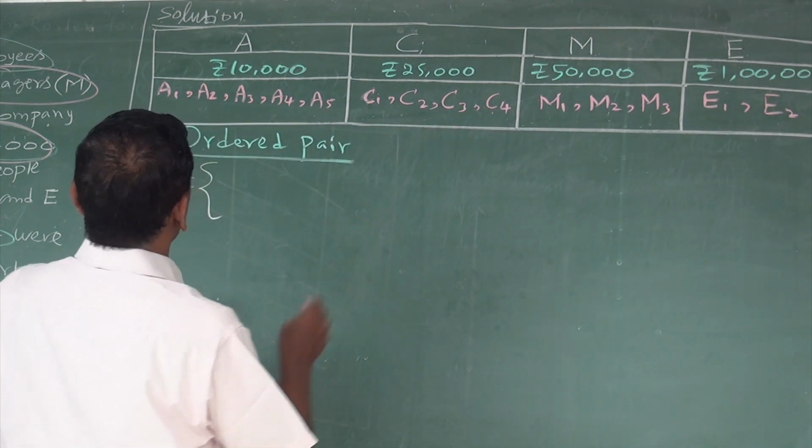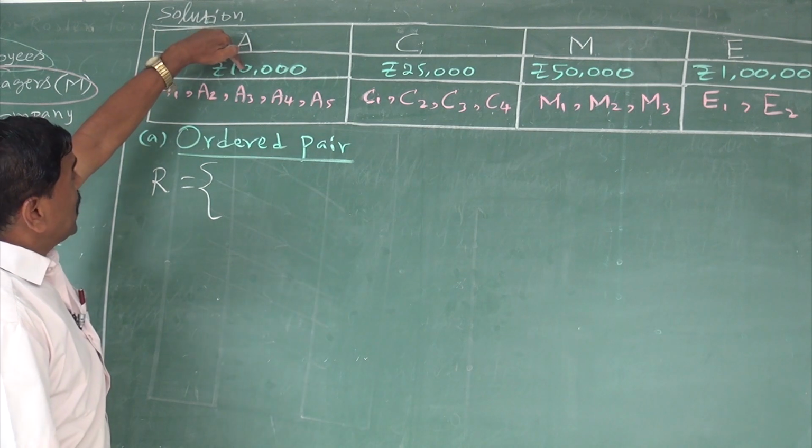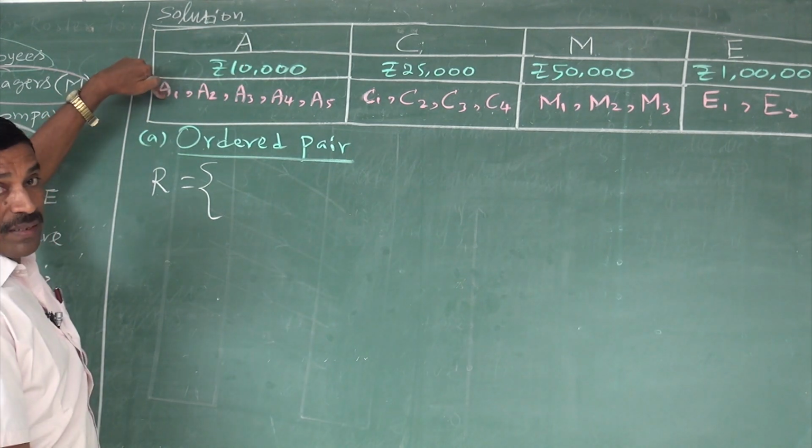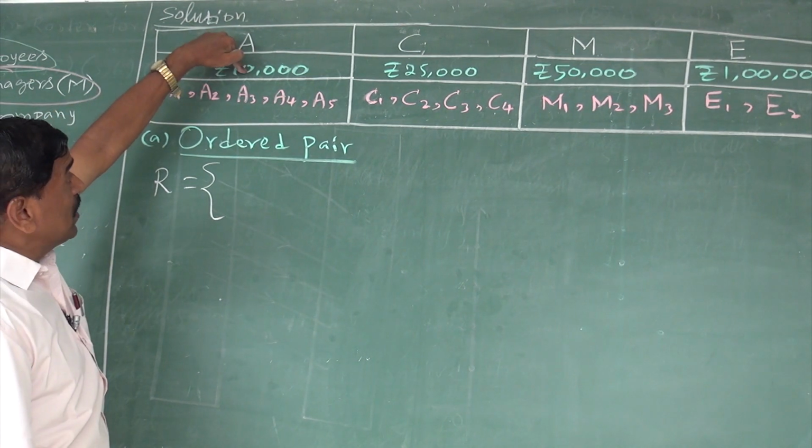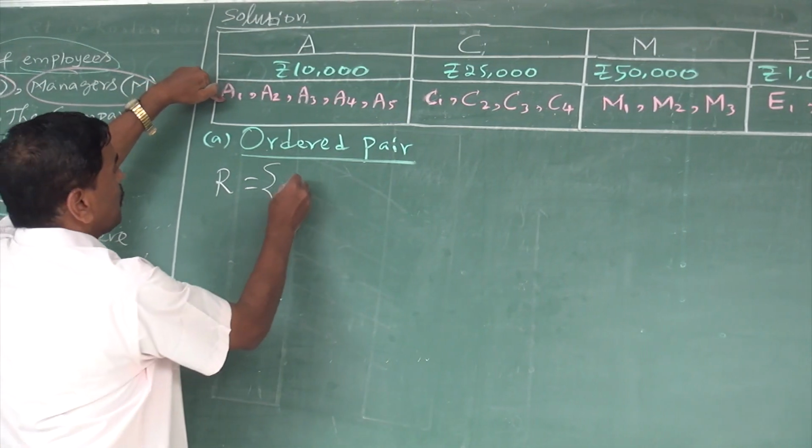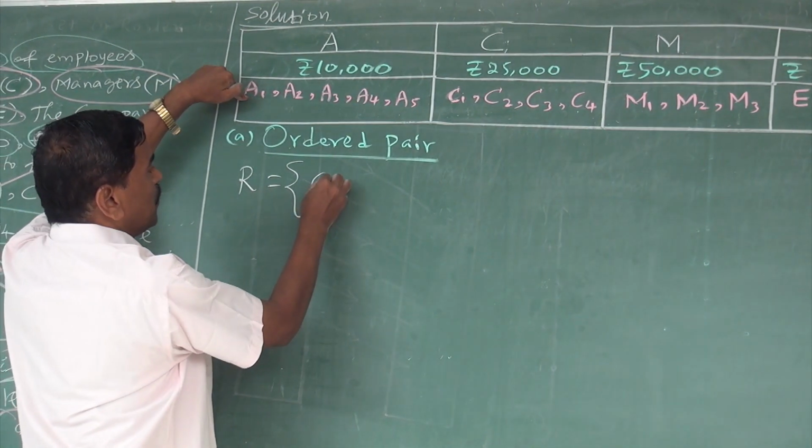Now the ordered pairs are given by, listen, rupees 10,000 is related to A1, first ordered pair.